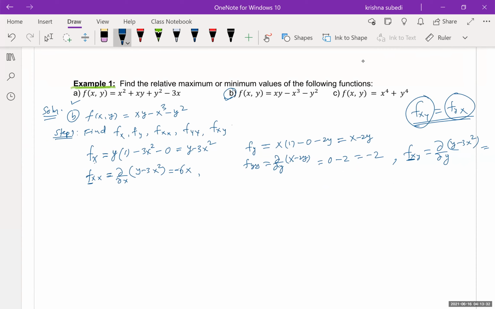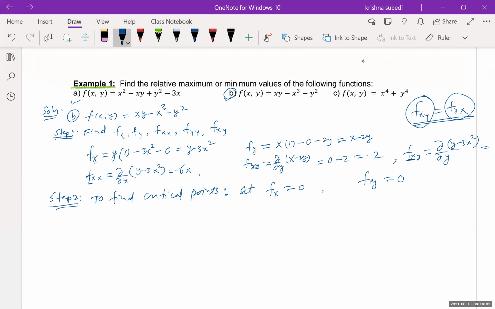Step 1 is done. Step 2, to find critical points, set the first order derivatives to 0. We know that, right? First derivative equal to 0 gives us the critical points.